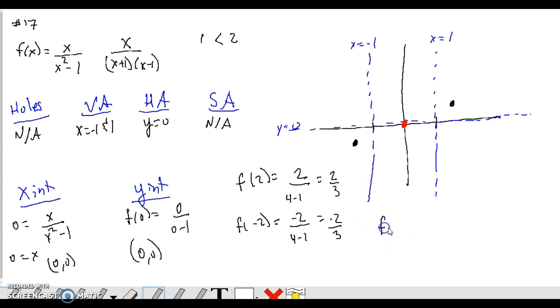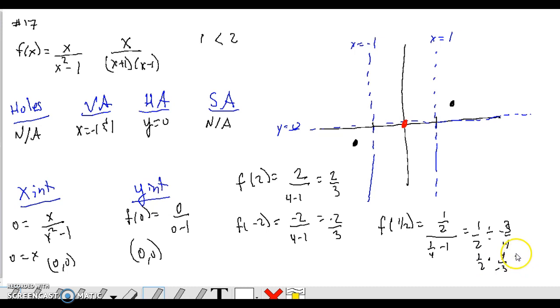Let's plug in some more numbers. Let's plug in a half, see what happens. So I have 1/2 all over 1/4 minus 1, which gives you 1/2 divided by -3/4, which is the same thing as saying 4 over -3.